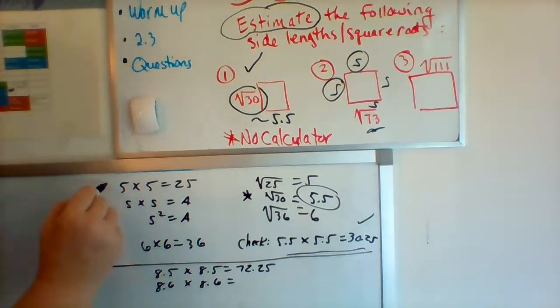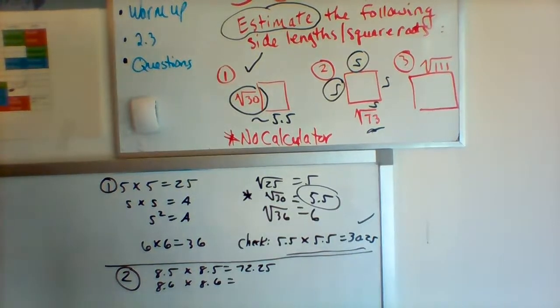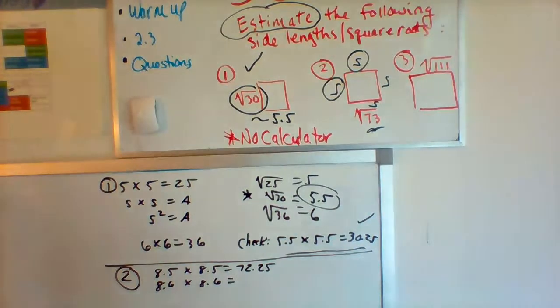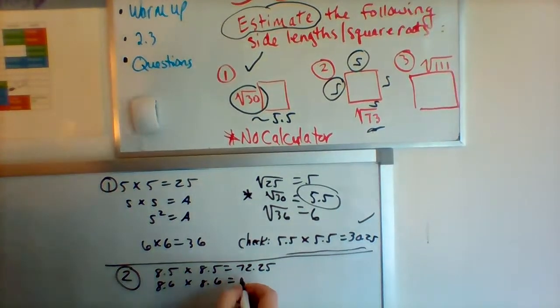So I could label these, that way people that join us don't get confused. 73.96. Okay, what would you pick?